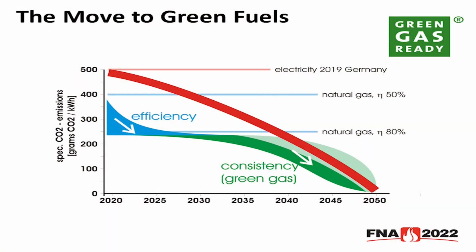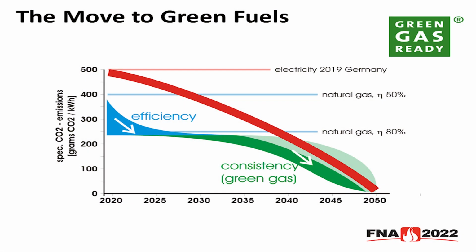It tells us that we're going to approach the physical limits for combustion efficiency in the next 10 to 15 years. So burners will be as efficient as they can get by that time.